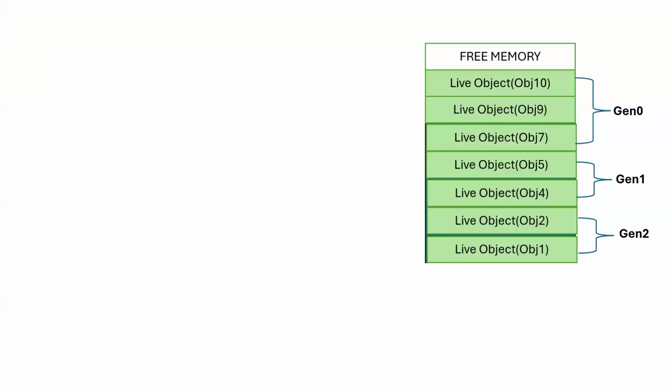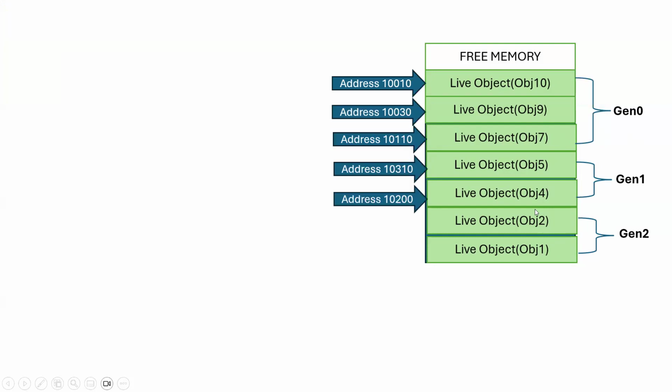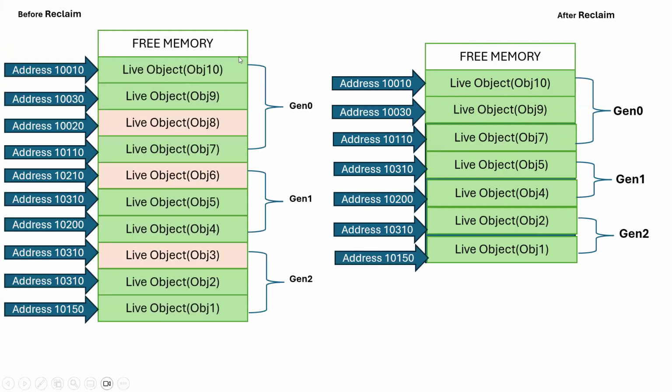If you look at here now, these are the latest. There is no 8, there is no 6, there is no 3. So those will get removed by GC and then it will compact the existing objects together. Now this is what the original objects looked like, and after relocating or reclaiming the memory, these things will get changed this way.